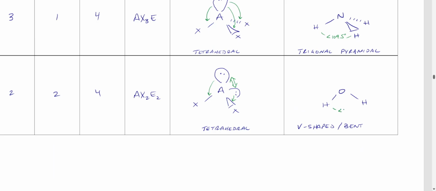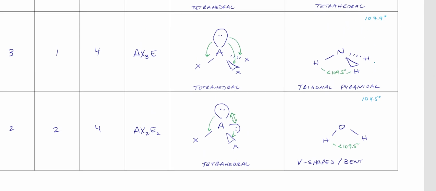Here, it's going to be less than 109.5 because it's based on the electron geometry of tetrahedral. If you want to know the exact angle, it's 104.5. It's less than the ammonia angle, and that's because we have now two lone pairs really strongly repelling and then further repelling those bond pairs, so it's pushing them even closer.